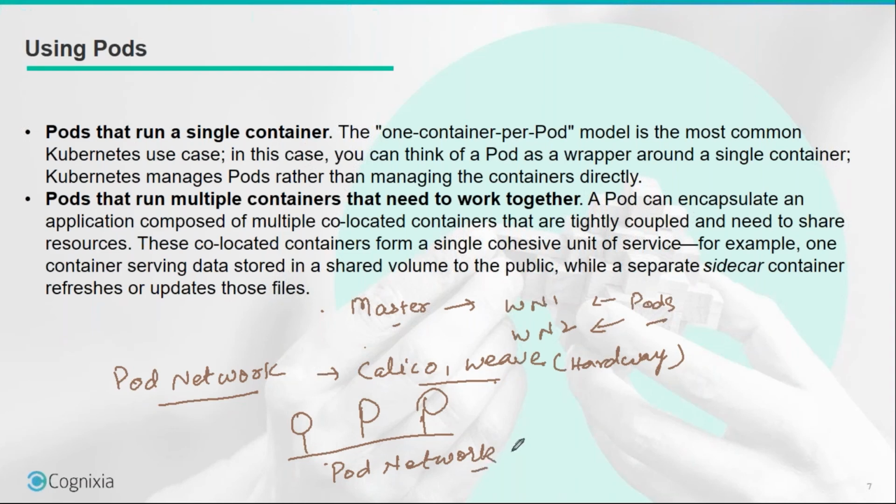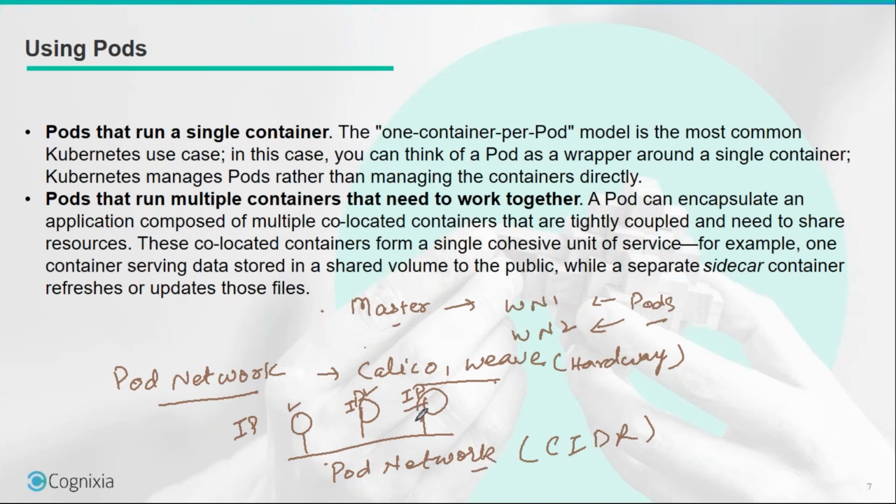Now this pod network has a CIDR range. So what is a CIDR range? A CIDR range defines the IP addresses which are required for the pods. When these pods get created, there will be some IP address for them, which will internally be the containers' IP address.